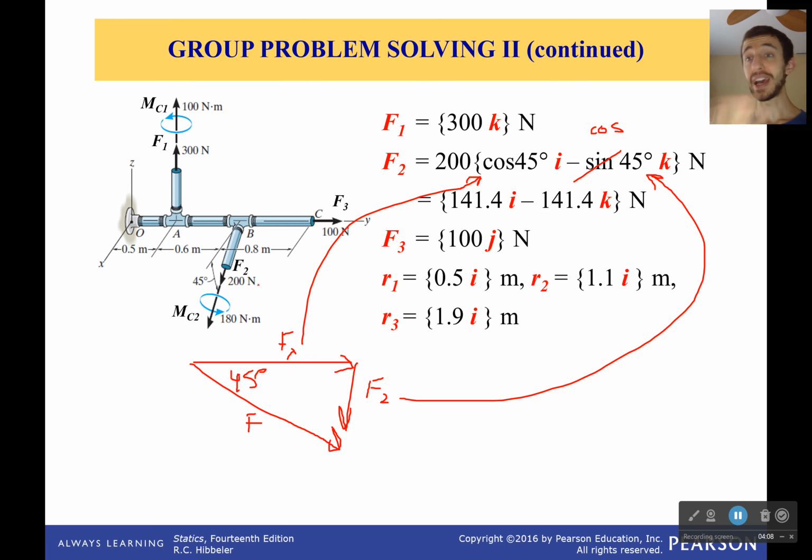Okay, so we have this. Now, what about our position vectors? Well, to get to force 3, that's pretty easy. It's just 1.9 meters along this direction. Position 1, it's just 0.5 meters in the y direction. And then finally to position 2, we have 1.1 meters in this direction.